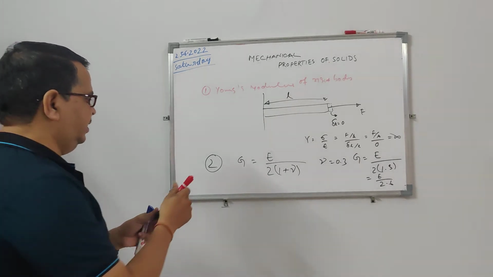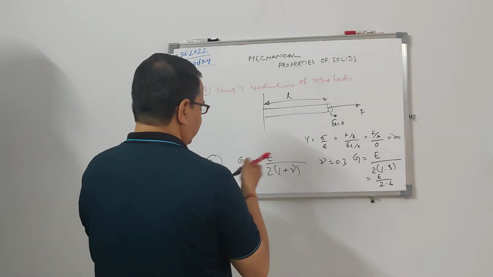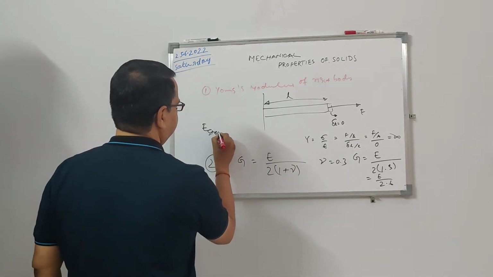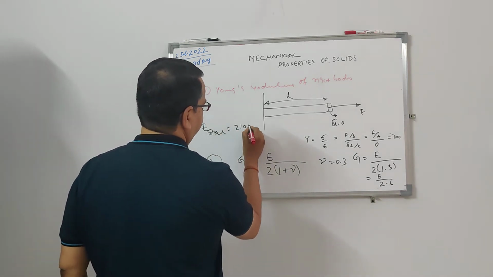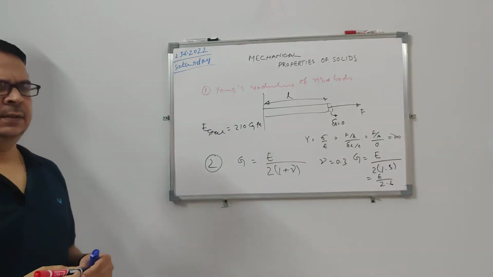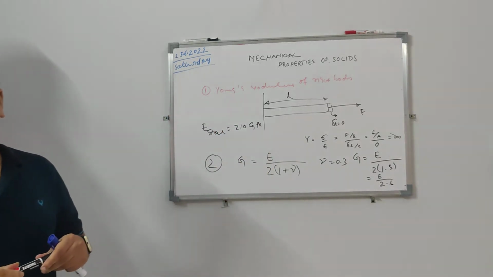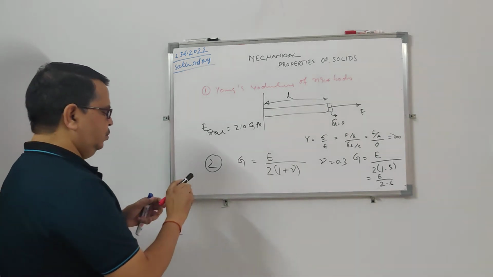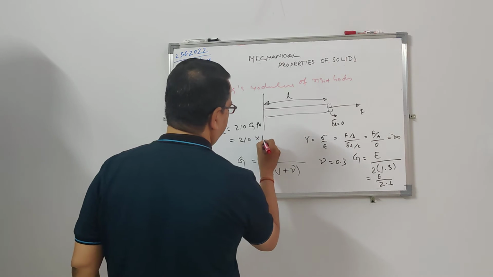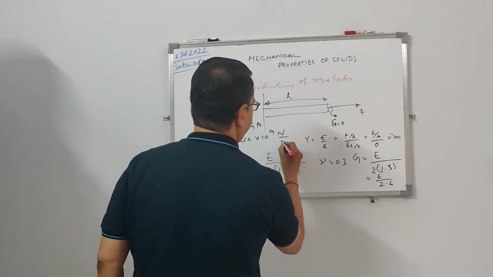And some typical values of Young's modulus, say for steel: E steel is equal to 210 GPa, in the range of 10 power 11. So 210 GPa means 210 into 10 to the power 9 Newton per meter square.